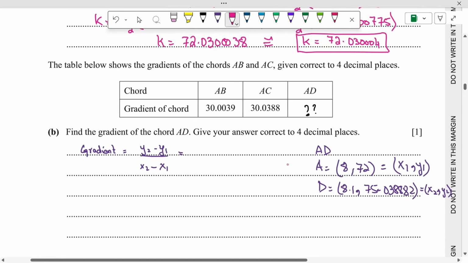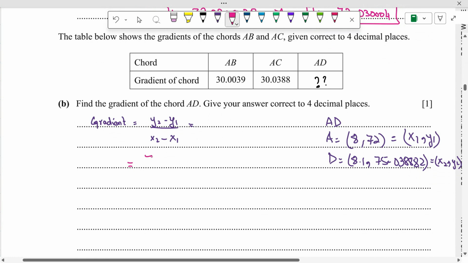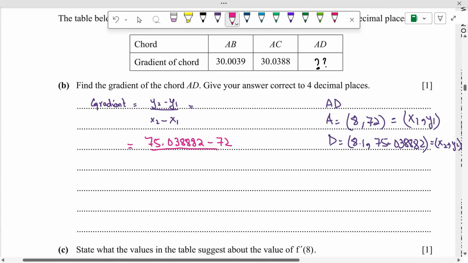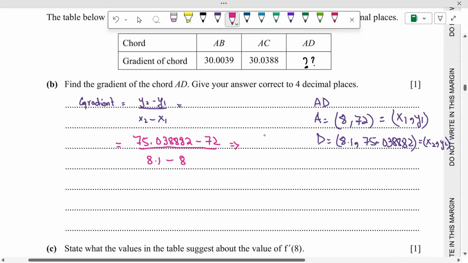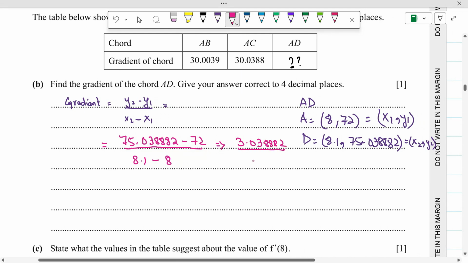Plugging these coordinates in the gradient equation, we have y2 minus y1, meaning 75.03882 minus 72, over x2 minus x1, meaning 8.1 minus 8. This equals 3.03882 over 0.1.